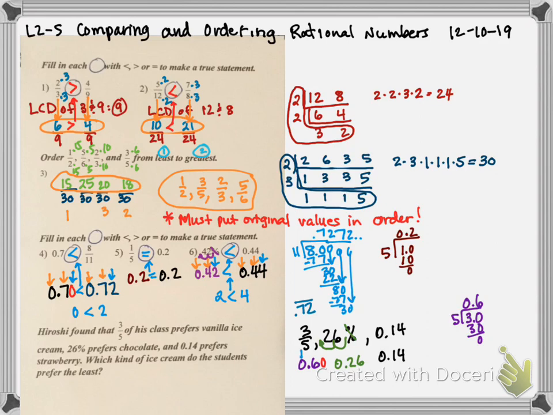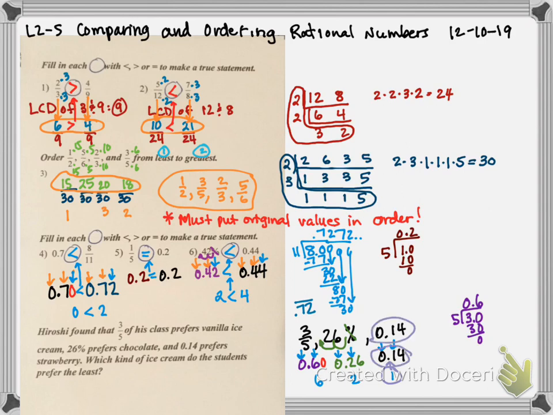So we're going to look at the ones. We have a 0, we have a 0, we have a 0. That doesn't help. We look at our tenths. We have a 6, we have a 2, we have a 1. So we're comparing those 3 numbers. And the one we're interested in is the one that is the least, which is 1, which goes with this guy.